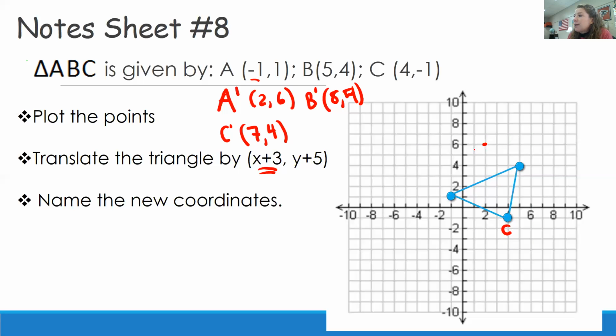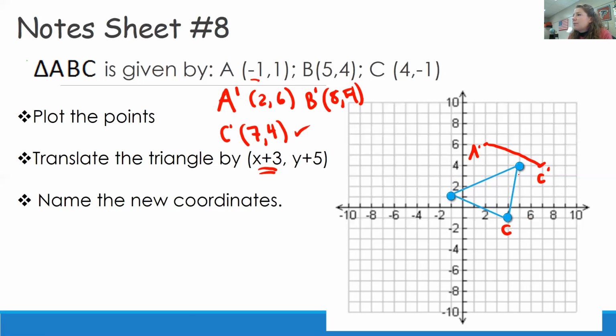So this is A prime. And then C, I'm going to go right 3, 1, 2, 3, up 5, 1, 2, 3, 4, 5. So now there's C prime, which is at 7, 4, just like I thought. And then B prime would be the same thing.